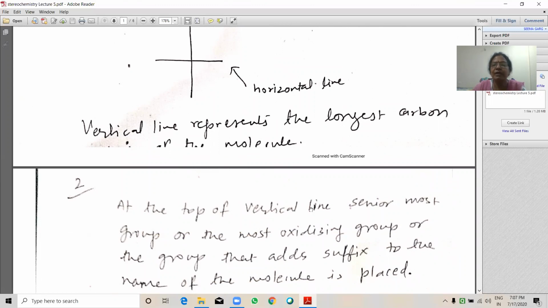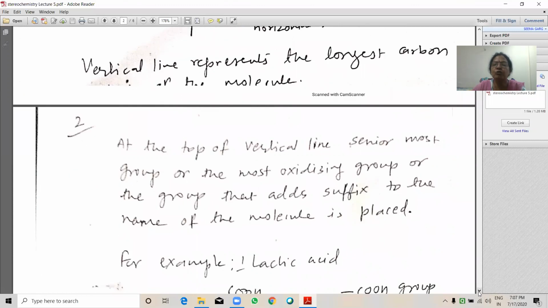At the top of the vertical line, the senior most group or the most oxidizing group or the group that adds the suffix to the name of the molecule is placed.